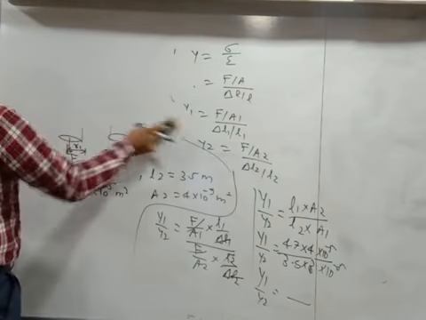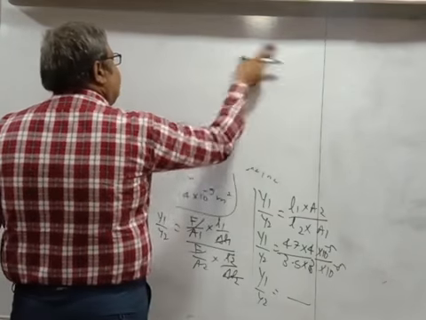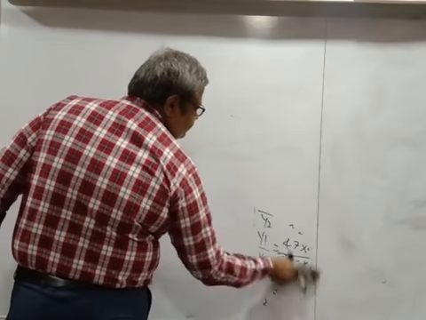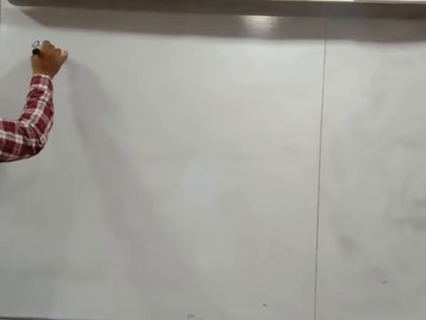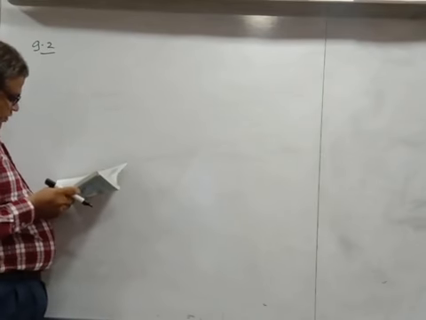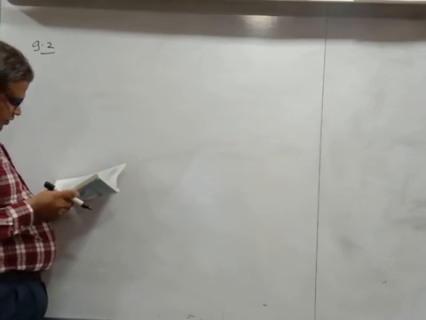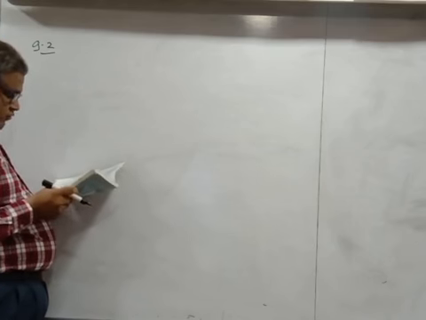Make your notes here. Question number 9.2. Figure 9.11 shows the stress strain curve for the given material. What are the Young modulus and approximate yield strain for this material?